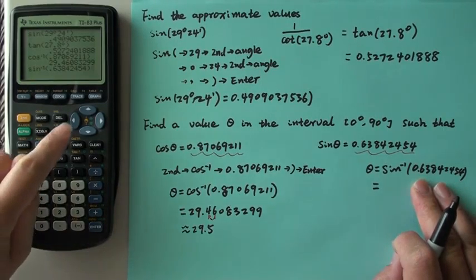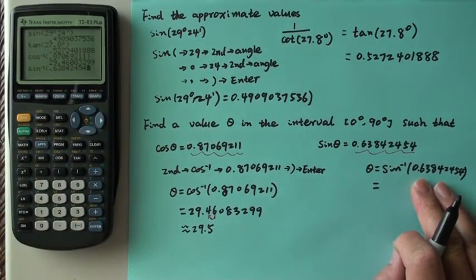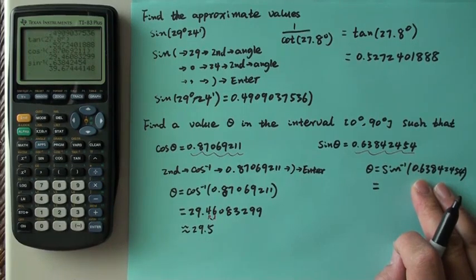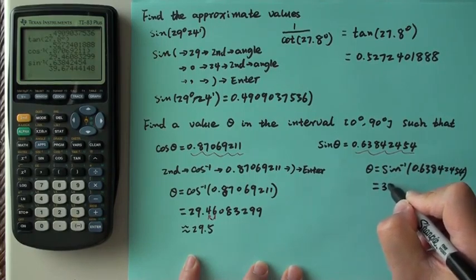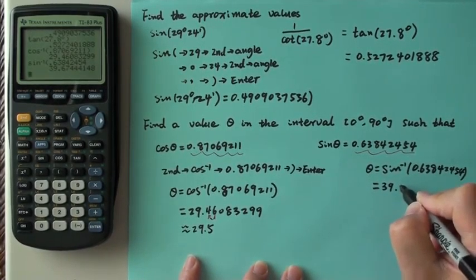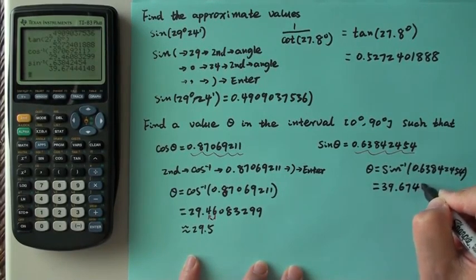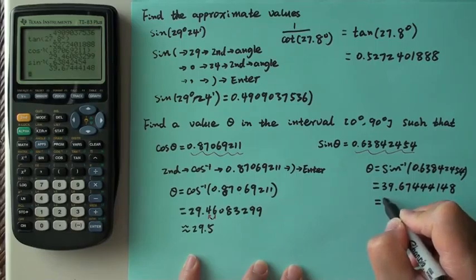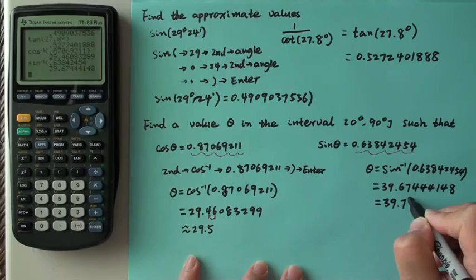Sometimes if you forget this close parenthesis, the calculator forgives you. You can still get the answer, which is 39.67444148, and approximately 39.7 degrees.